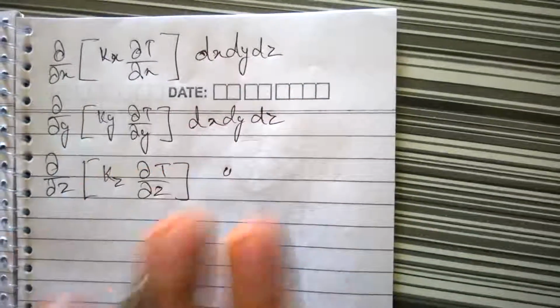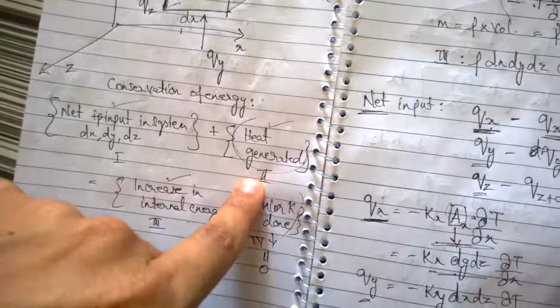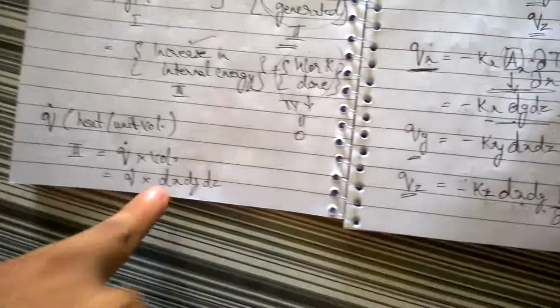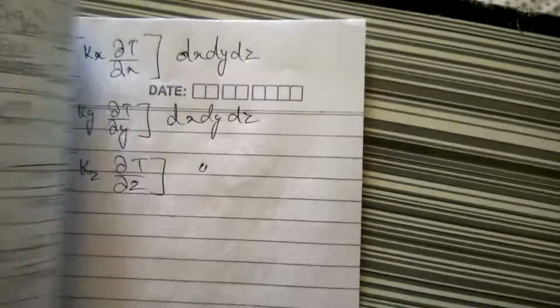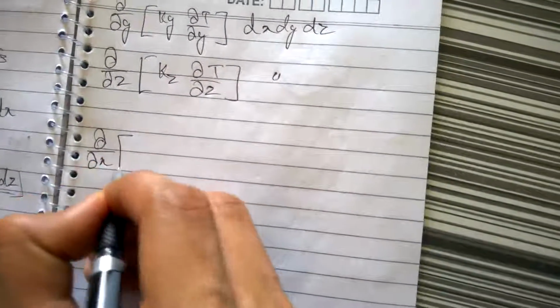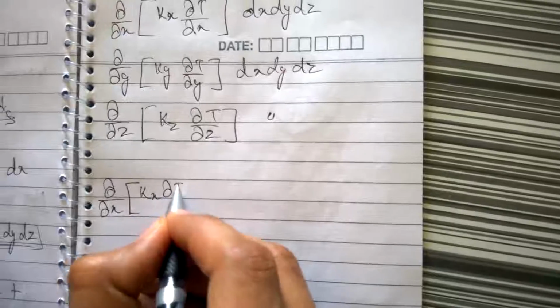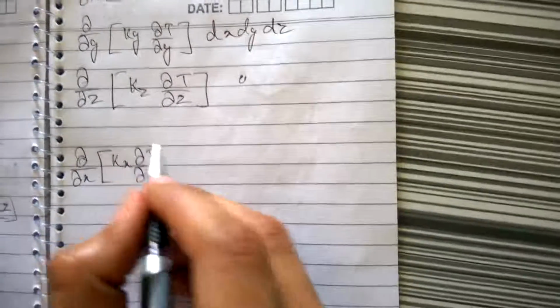So at the end, if we bring all the terms, term 1, 2, 3, together, the one we obtained just now, we know this is 0. Heat generated we had obtained here, and increase in internal energy was obtained here. So we will bring them all together, and we can write this as ∂/∂x of kx ∂T/∂x. Let us make it much simpler.